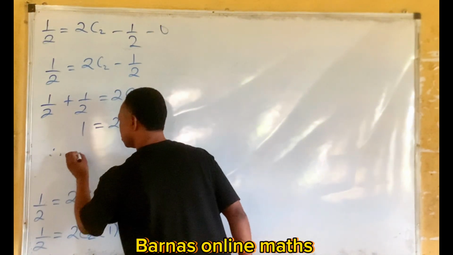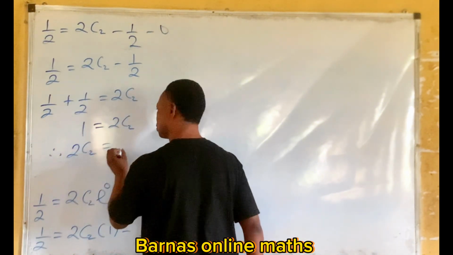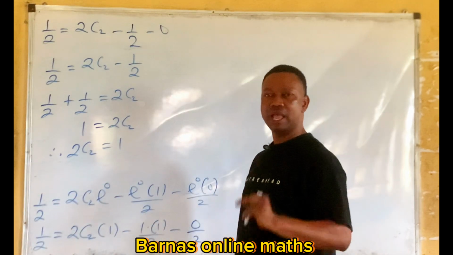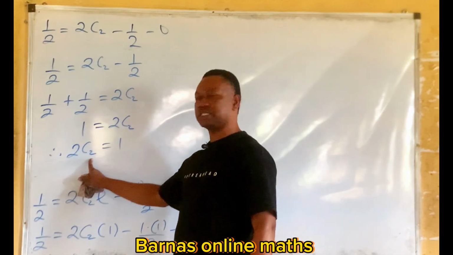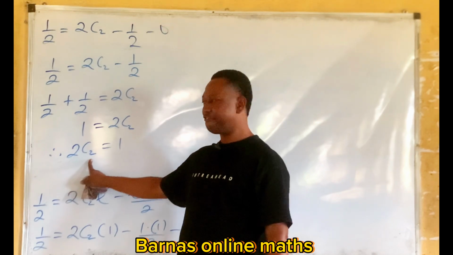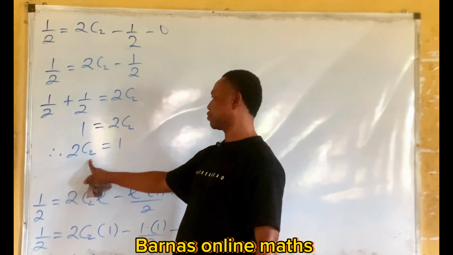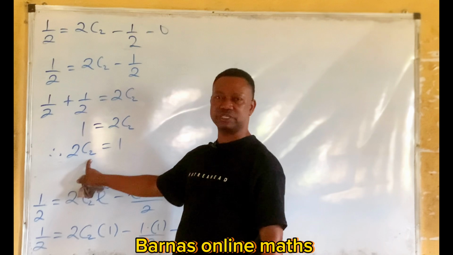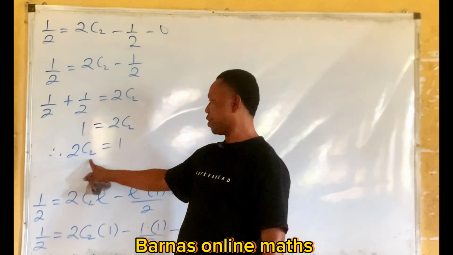Therefore, 2C2 is equals to 1. Our target here is to make C2 the subject of the formula. Thereby, of course, for us to do this, we now divide both sides by its coefficient, which is 2.